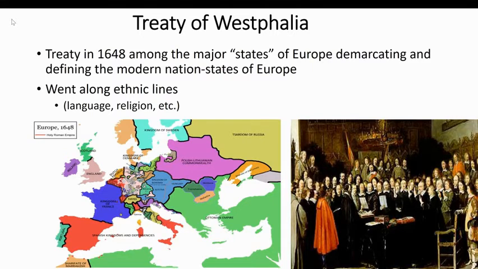And so really, this is the treaty that ended the Hundred Years' War. This is where we start to see modern nation states. And so we're going to see this in Spain and Portugal and England and some other places. But this is really kind of what starts modern state building.